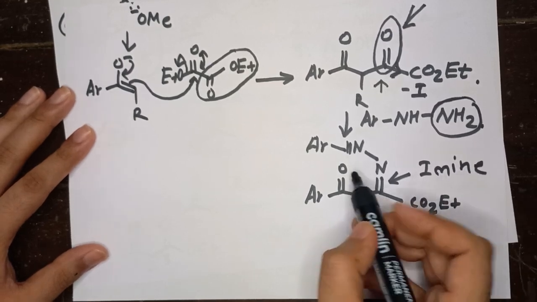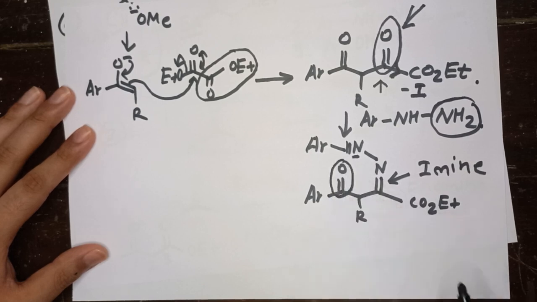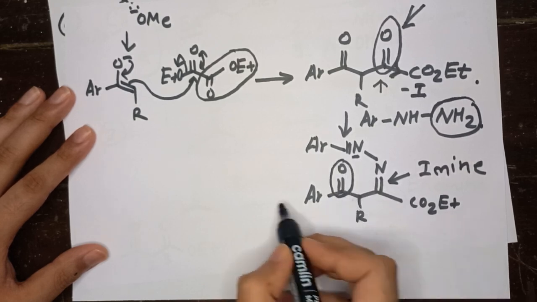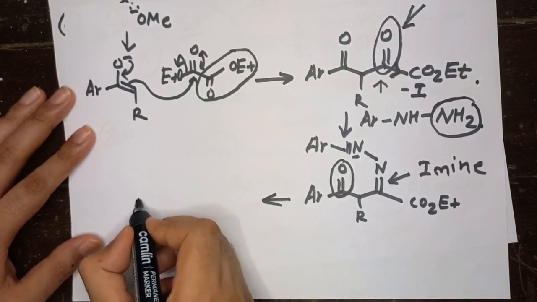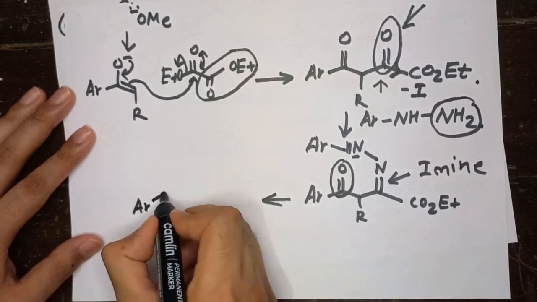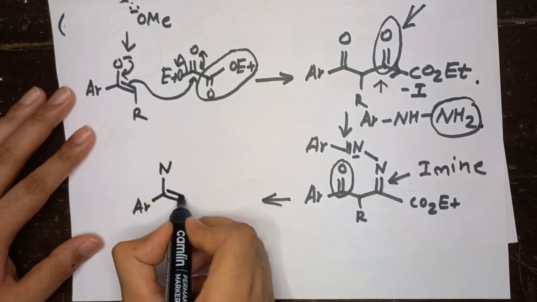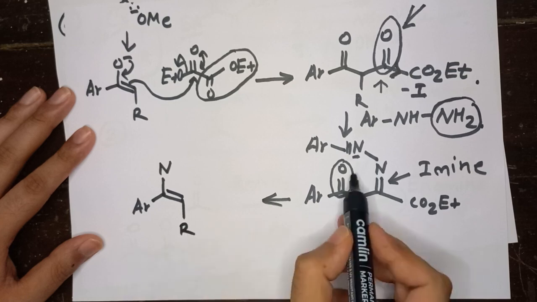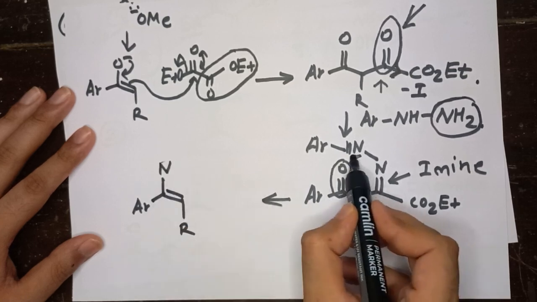Okay, now once again we have amine and a carbonyl group. Now this can form an enamine. Here I am forming enamine with this nitrogen.